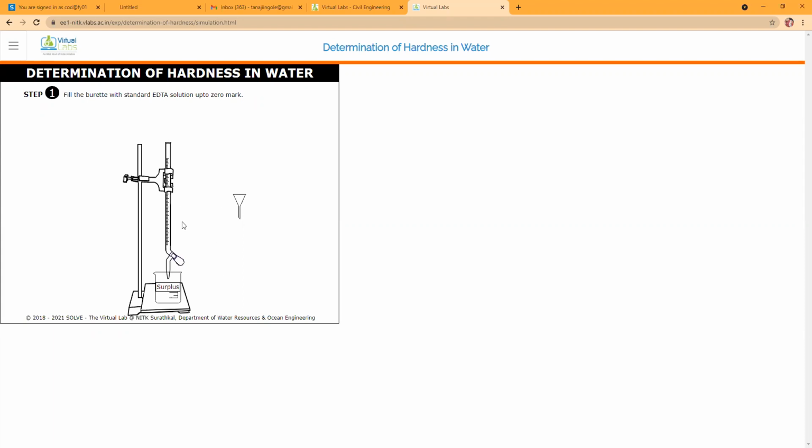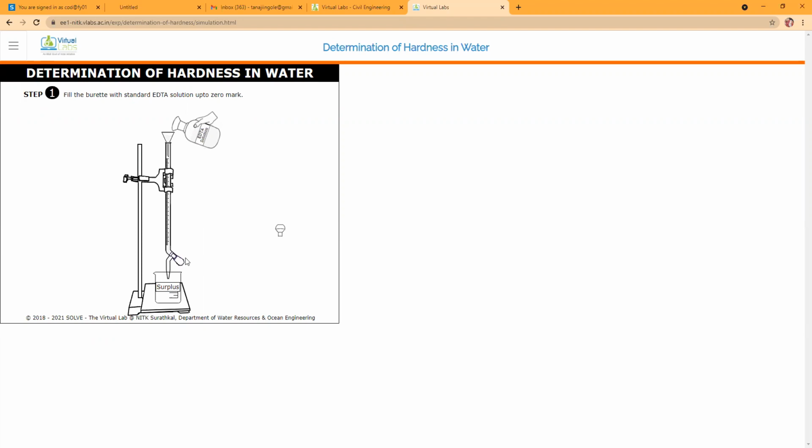In this burette, fill EDTA solution up to the mark by using a funnel. This is the funnel. Using the funnel to fill EDTA solution. First of all, remove the upper part, then fill EDTA solution up to the 0 mark.